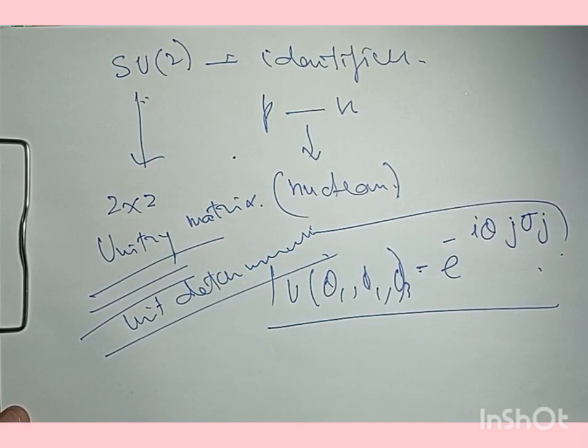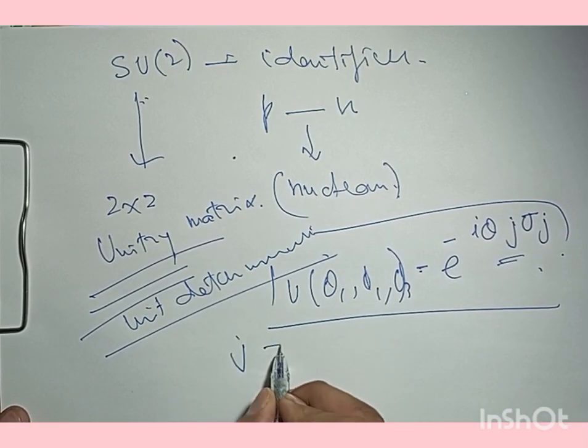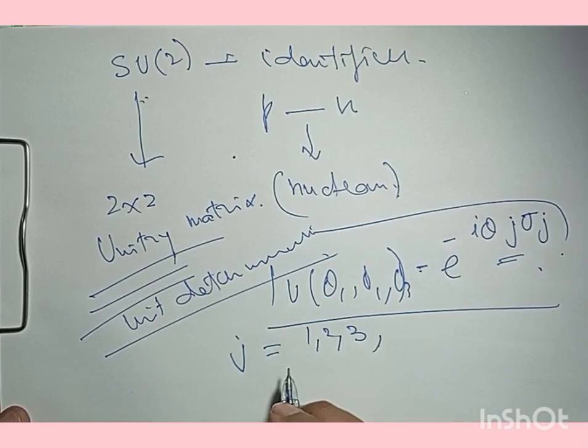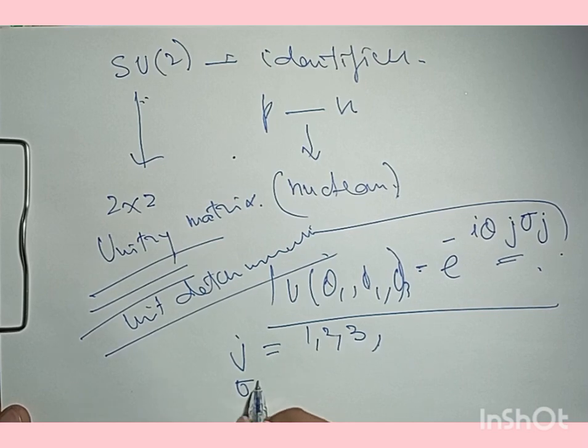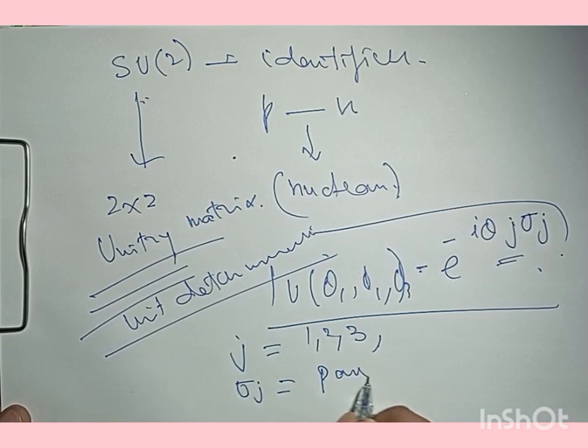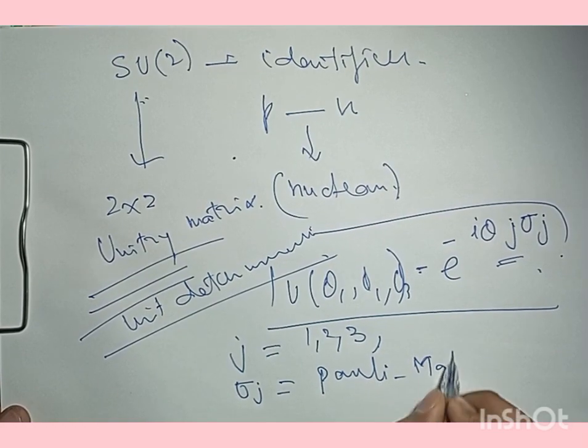And the j here can have the values 1, 2, and 3. And this sigma_j are known as Pauli matrices.